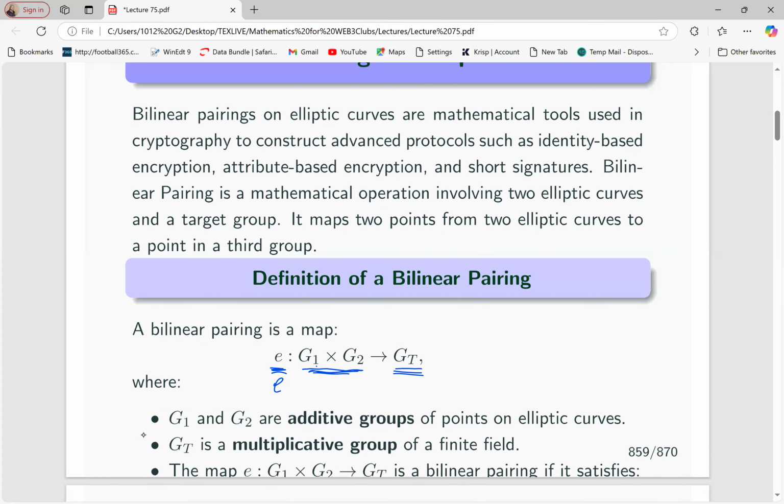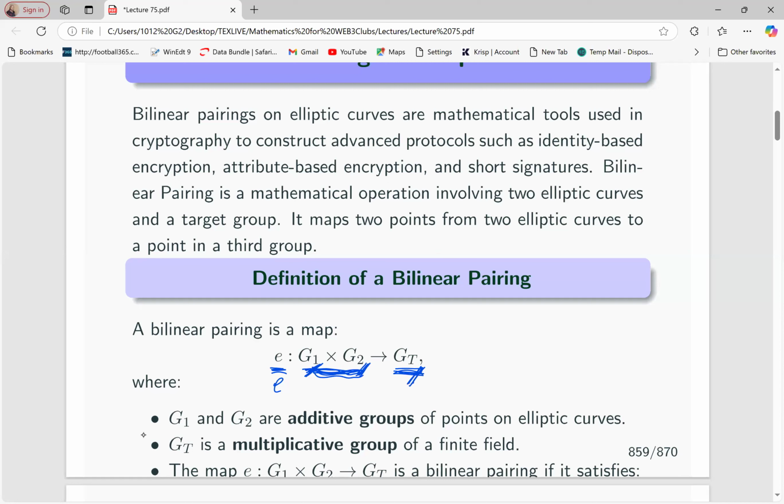So this is a group from one elliptic curve, this is another group from another elliptic curve, and this is another group of another elliptic curve. The function that maps the points here to these points is what we call bilinear pairing.